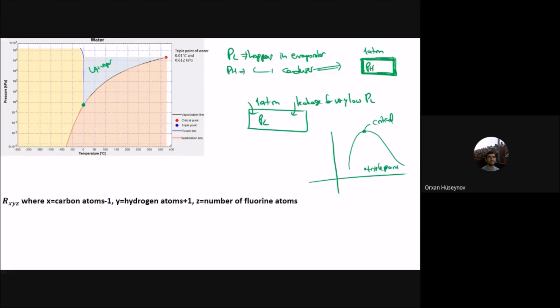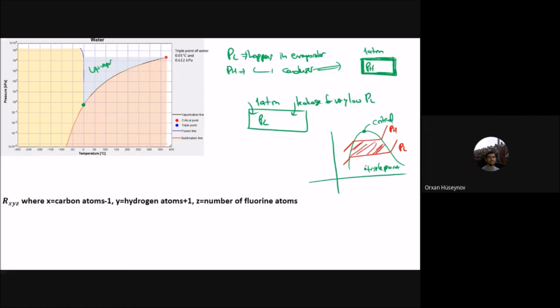So you are working between these extremes, and the critical point should be as high as possible, and the triple point should be as low as possible, because if you remember, we have two pressure ranges. One is P high, and the other one is P low. Okay, so these two extremes should be far enough apart so that we can work safely.